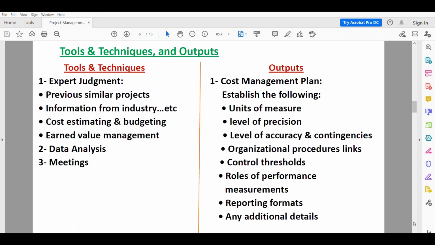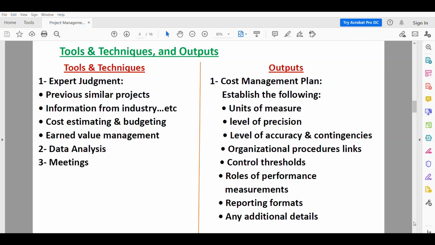Tools and techniques are the expert judgment. Expert judgment actually comes from people who have some information from previous similar projects or information from industry, etc. Cost estimating and budgeting, earned value management.